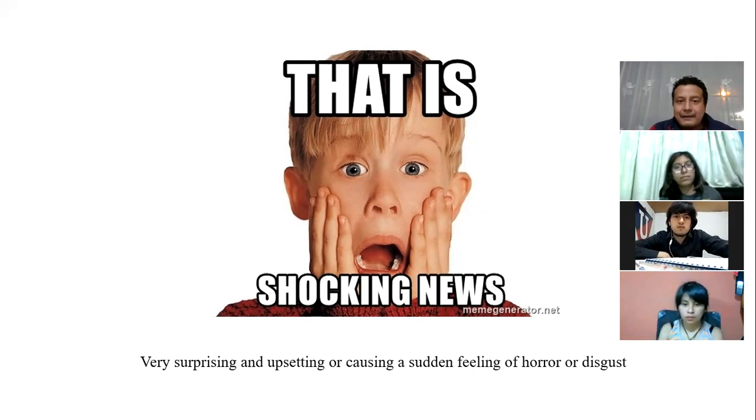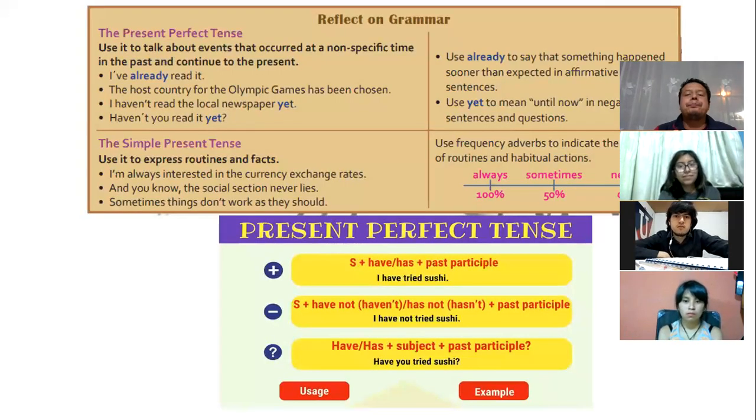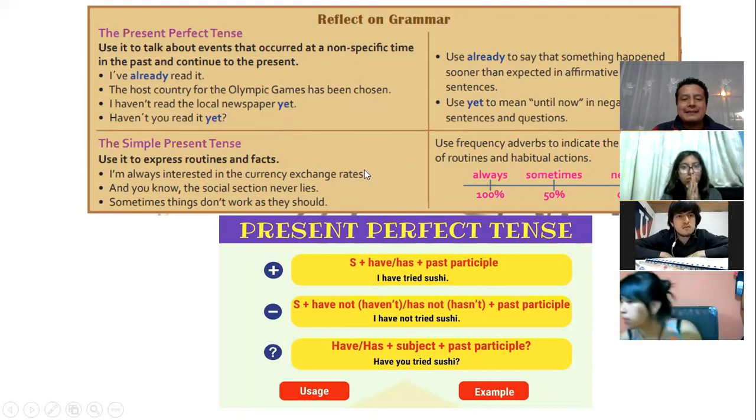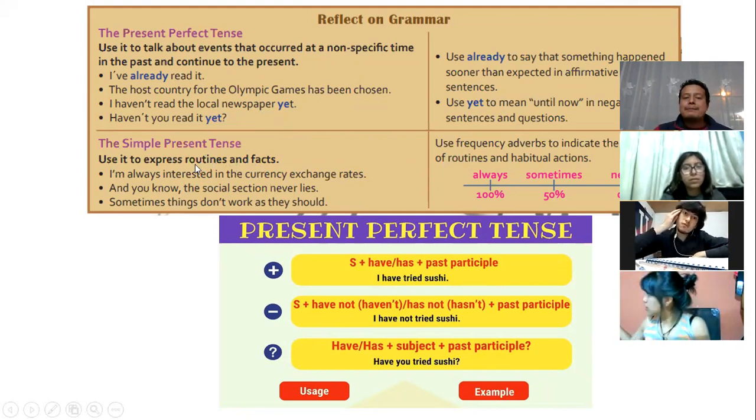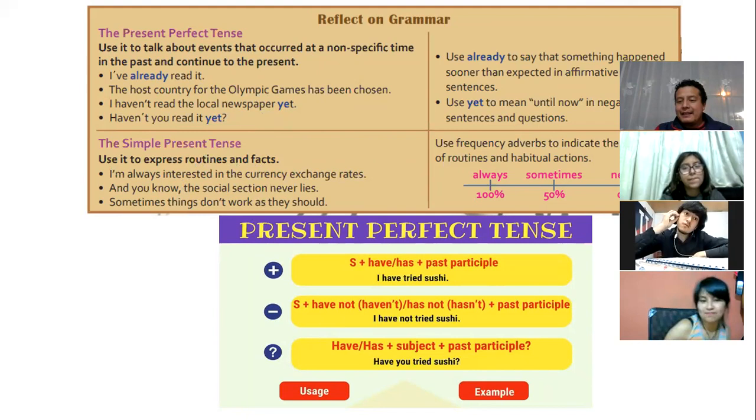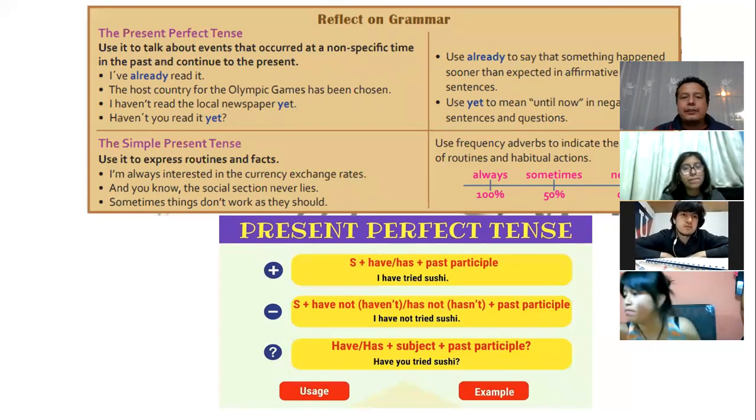Okay, this is everything about the vocabulary. Now we will talk about the present perfect tense and the simple present tense. Simple present tense is used to express routines. It's very easy. The main use for the present tense is for routines.